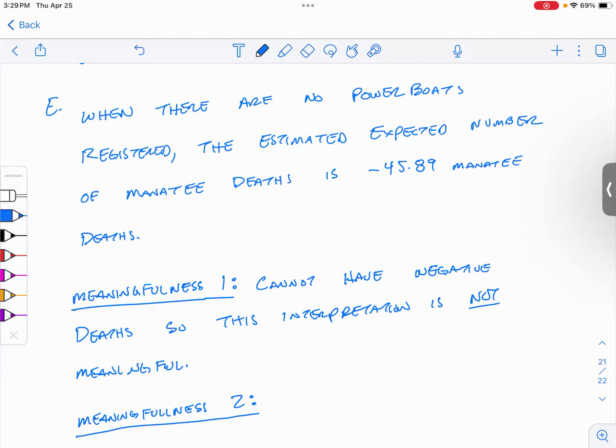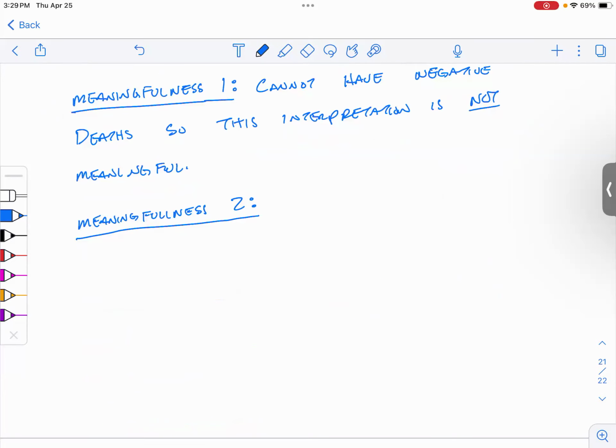Basically, you cannot have negative deaths. That's perfectly reasonable too. Now be aware the second option always takes a bit more thinking.